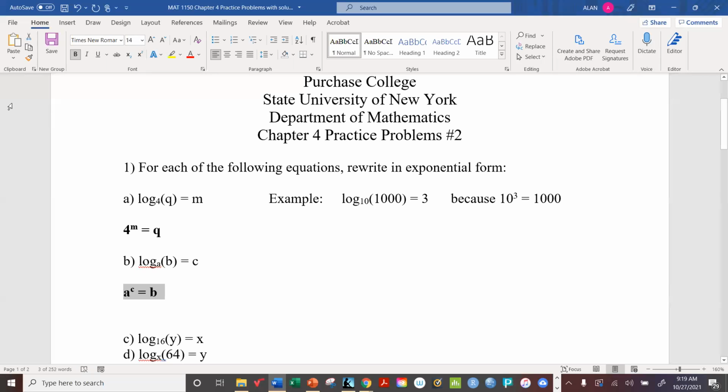In other words, if you look here, you'll notice that this a becomes the base of the exponent, and c is the exponent, and then b is this constant. And it's always the same.